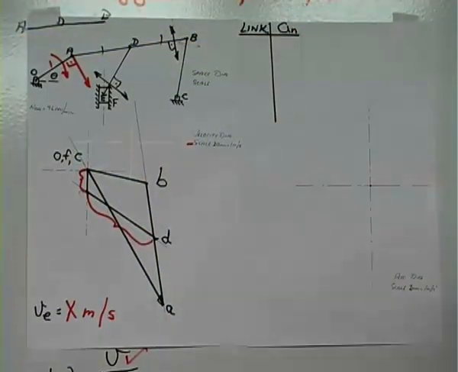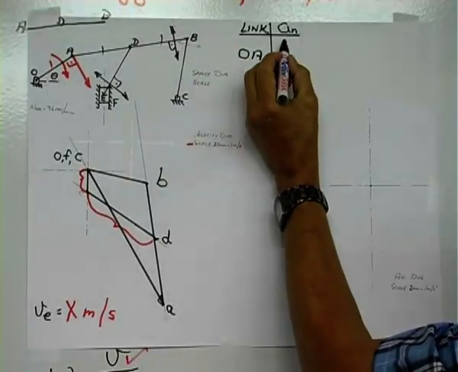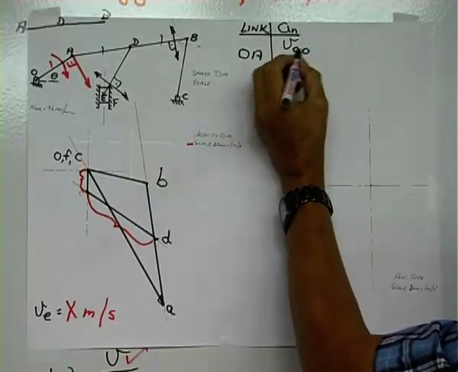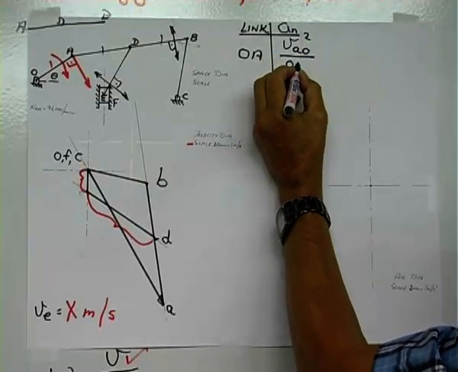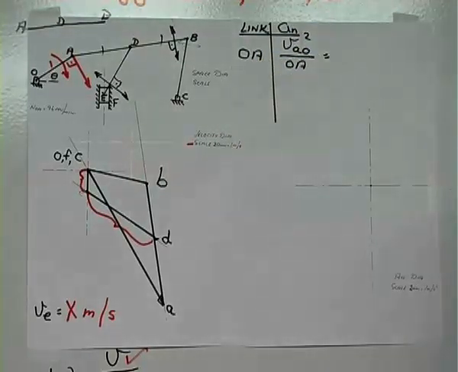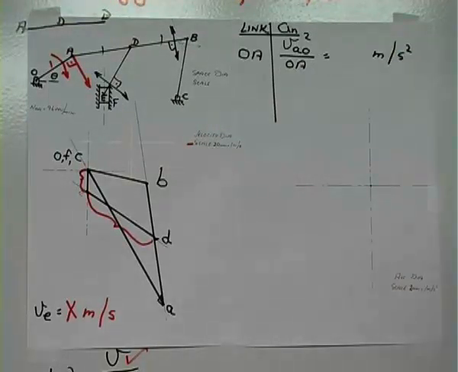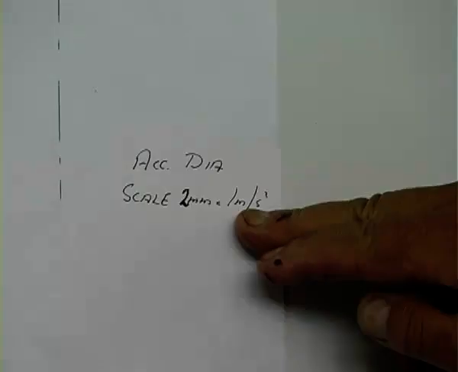Starting with link OA, that will be the linear velocity of A relative to O squared divided by the length OA. It will be in meters per second squared. Also, you must choose a specific scale to fit on your paper. I took 2 millimeters equals 1 meter per second squared, for example.